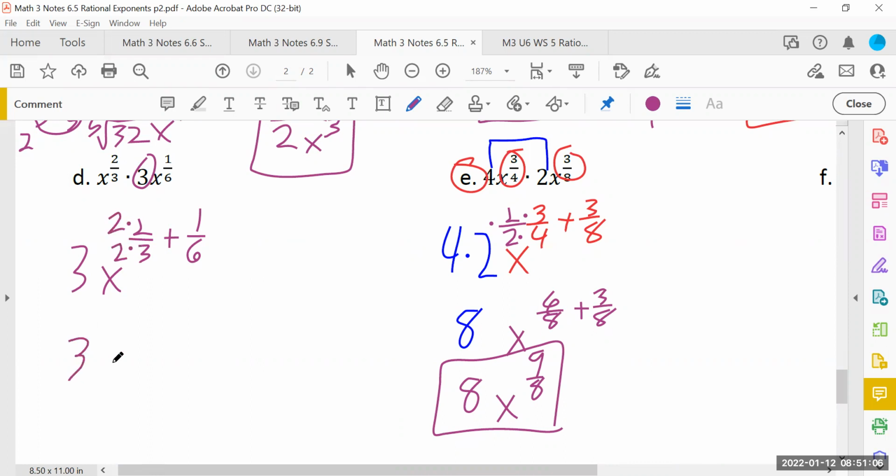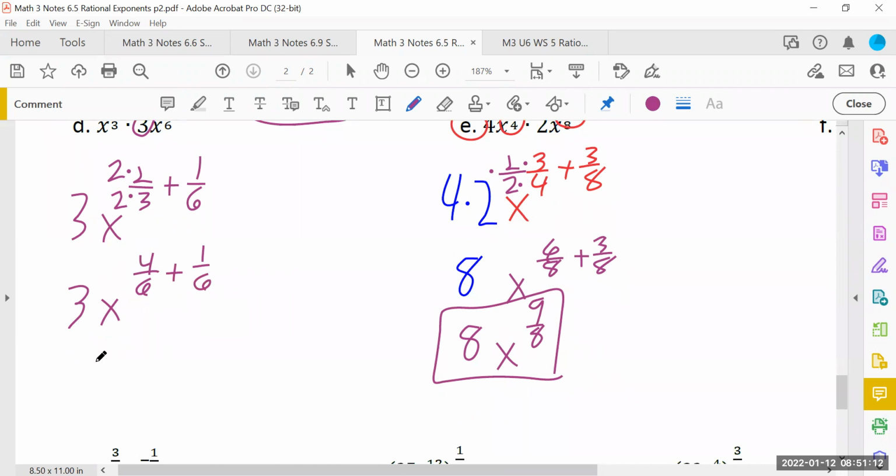So then I have 3x to the 4/6 plus 1/6. And yeah, some of you are going even faster than I am. 4 plus 1 is 5/6. Does that make sense to everybody? Adding basic fractions.